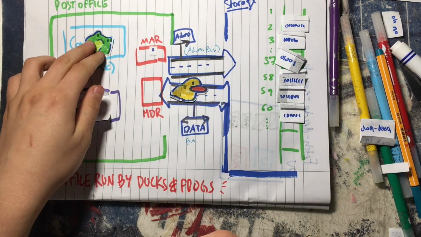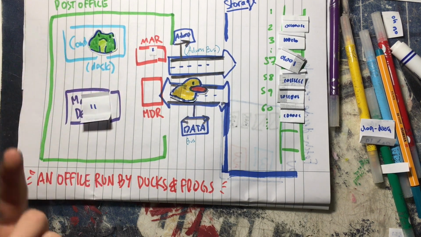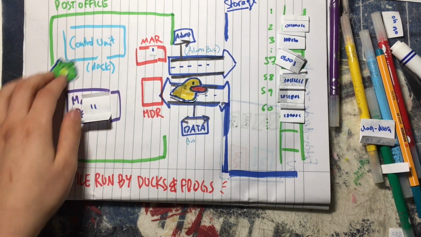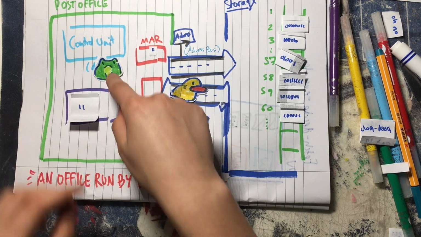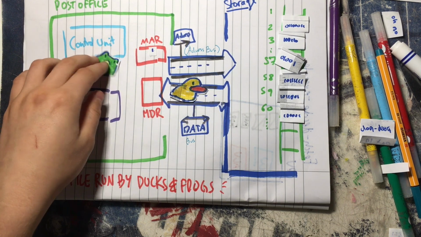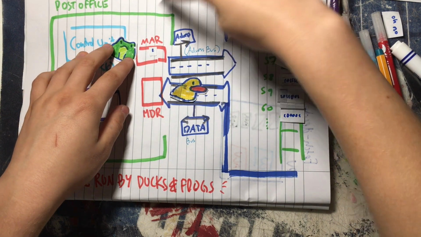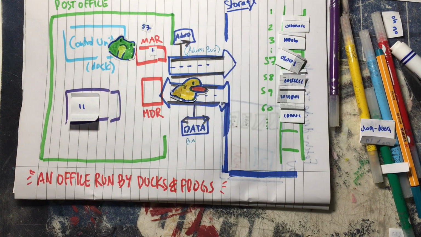Because the frog has very small memory, it can only remember one thing at a time. Right now it's at 11, and it wrote it down on the math desk just so it doesn't forget. Next, our previous instruction was at 57.